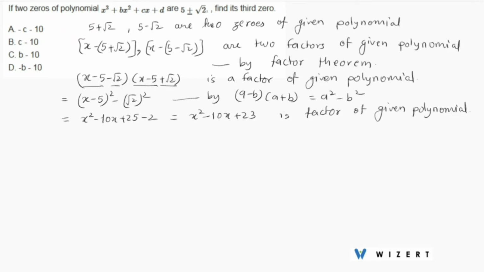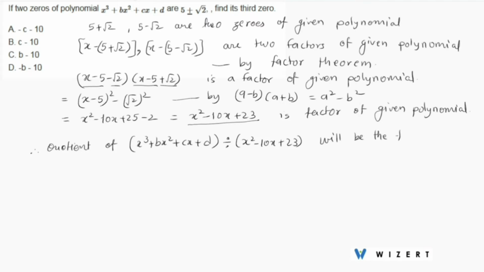Now what we can do is we can divide given polynomial with this, and the quotient that we get will be the third factor. Therefore, quotient of x cube plus bx square plus cx plus d divided by x square minus 10x plus 23 will be the third factor, which is required factor.